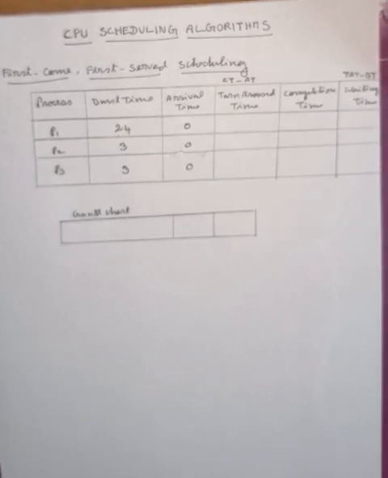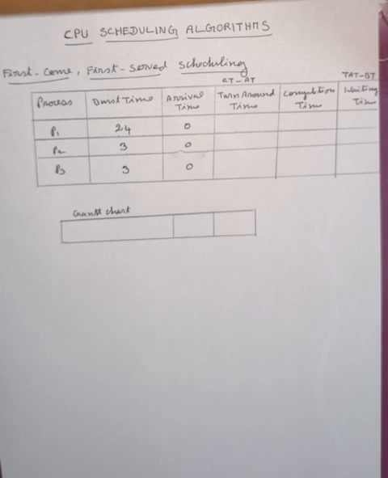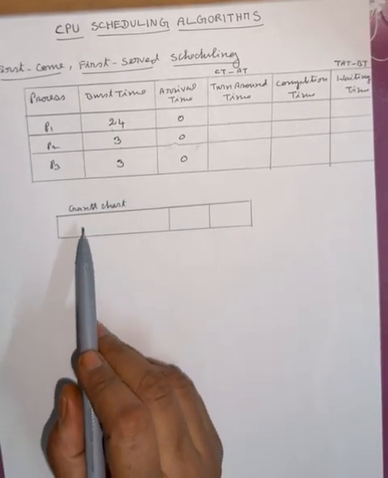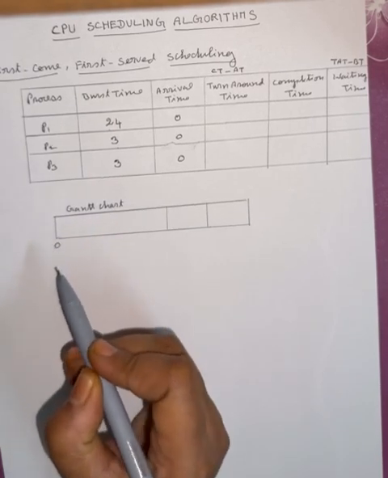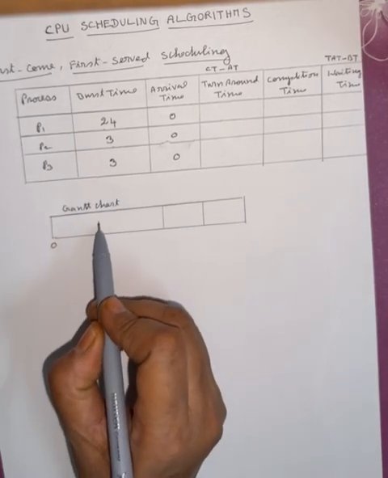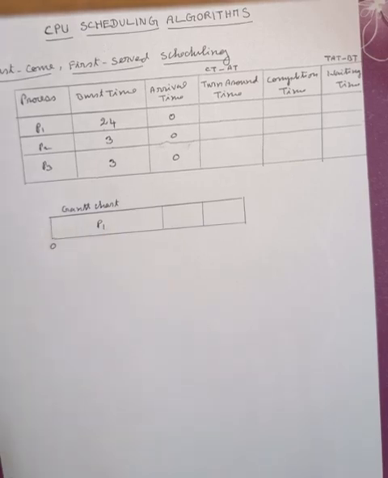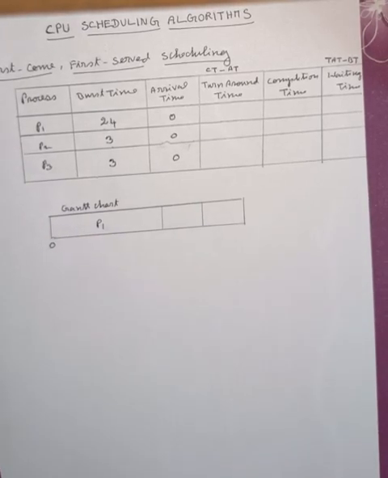Now, we have to calculate turnaround time and waiting time. For calculating the turnaround time and waiting time, completion time is required. In order to find that, we are going to draw the Gantt chart. At 0th millisecond, the P1 process enters the CPU and starts its execution.